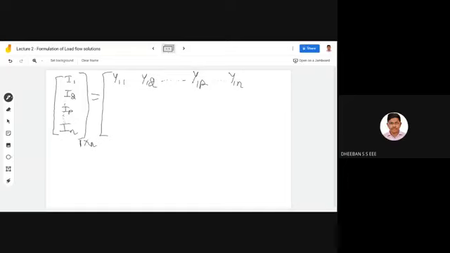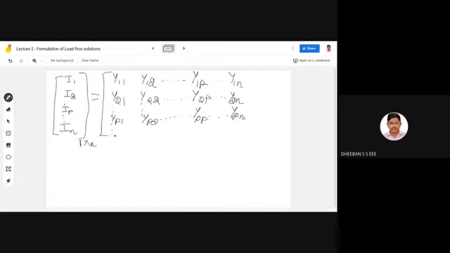Here y21, y22, y2p, y2n. Followed by yp1, yp2, moving towards ypp, and again moving, ypn.